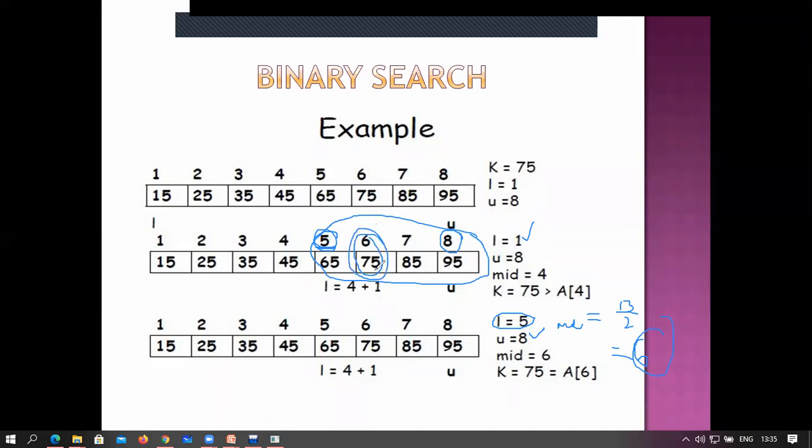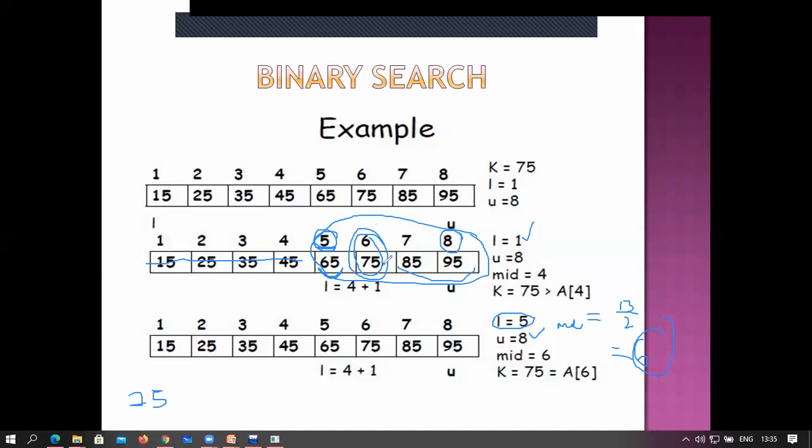Now again your array is actually divided into two parts. Some of the elements, आप इसको नहीं consider करना. This is very important. Your element 65 is towards the left side of 75, and two elements 85 and 95 are towards the right side of 75. Now again compare your item. Item क्या था? 75. Compare that with the middle value.